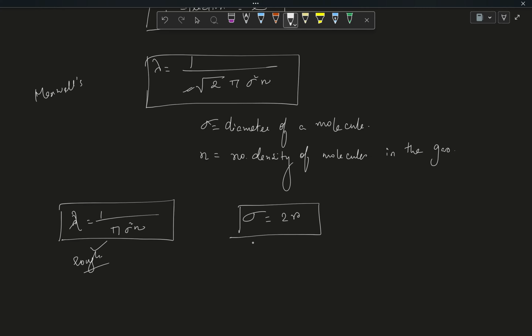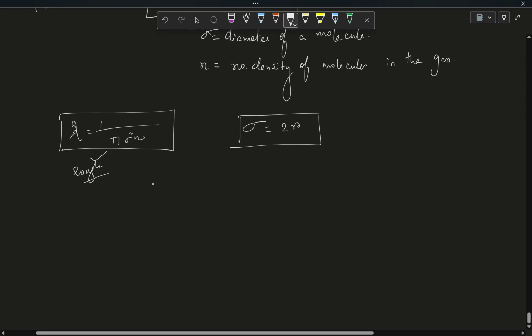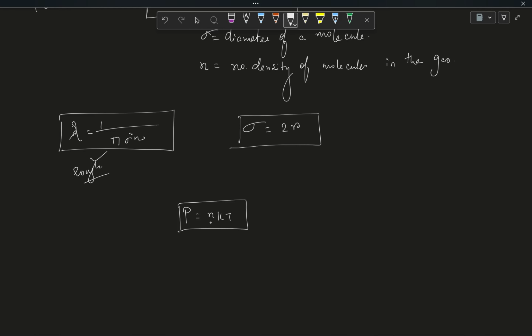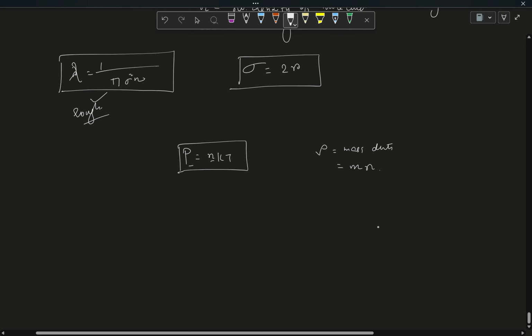And what else was there? Yes, some associated equations that you needed to substitute in some cases: the pressure expression P equal to nkT, where sometimes you have information about n and you have to get P like that. And rho, the mass density, that is the mass of a single molecule times the number density of molecules, number per unit volume.